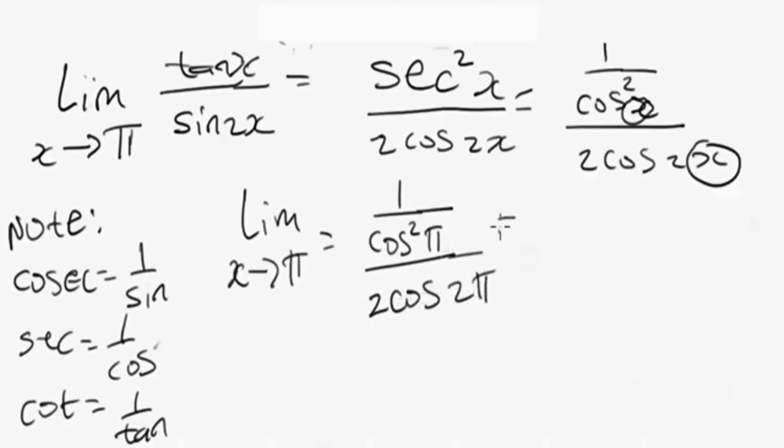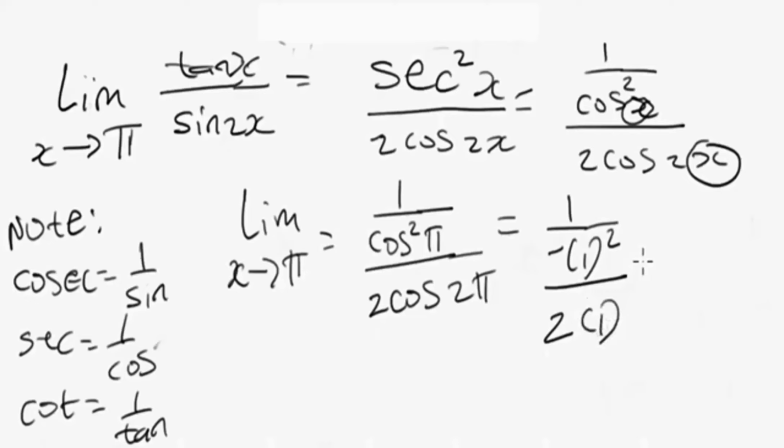When I punch my calculator, 1 over cos pi gives you minus 1, and minus 1 squared is 1, over 2. Cos 2 pi will give you 1.